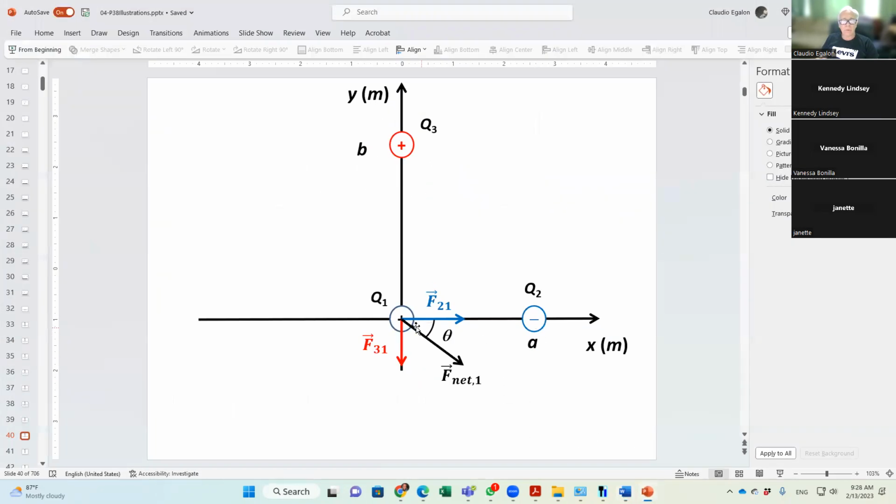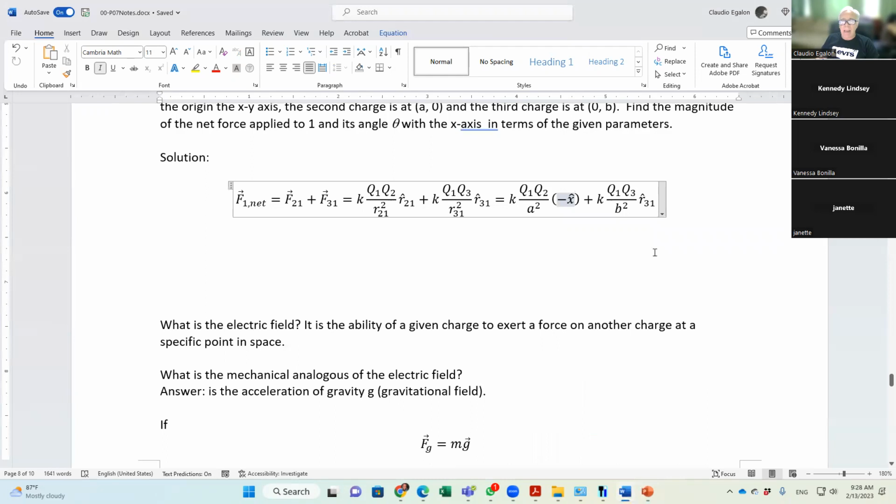Remember, from 2 to 1, pointing to the left. And from 3 to 1 points downwards, so it's going to be minus y hat.